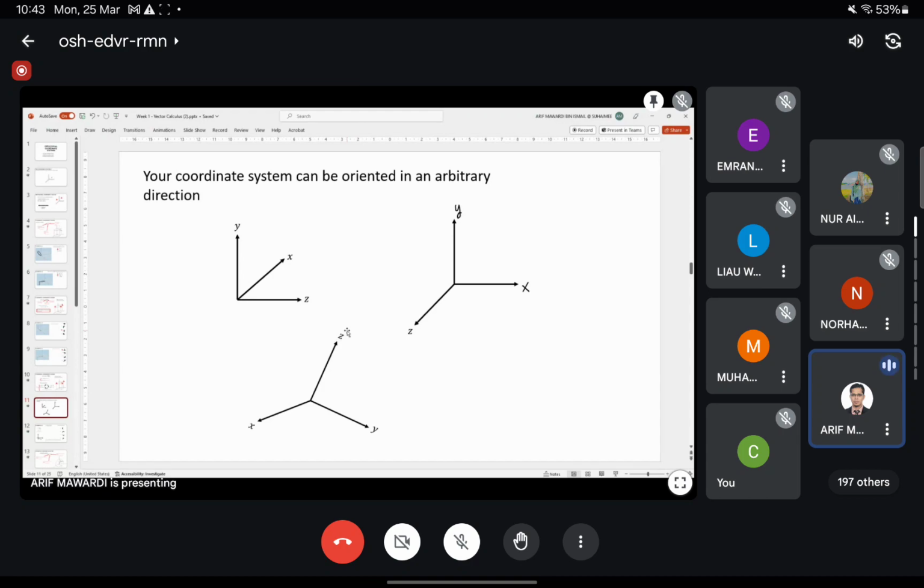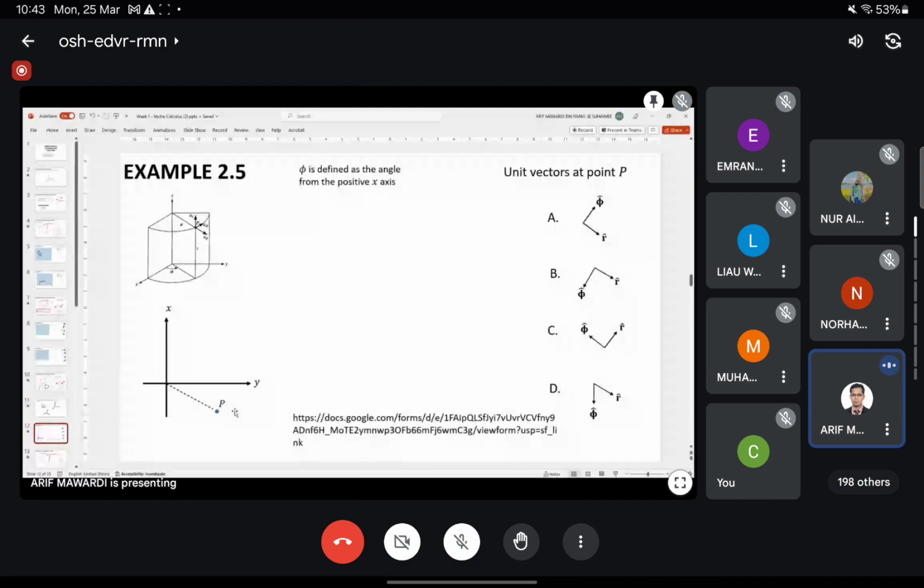Regardless of the orientation, the definitions of the coordinate variables remain the same. So what do I mean by that? For example, normally we put our coordinate system like this, so x in this direction, y in this direction, and z in this direction.